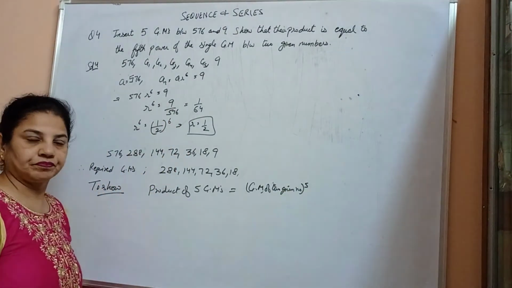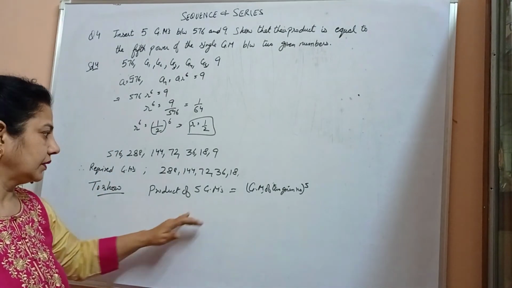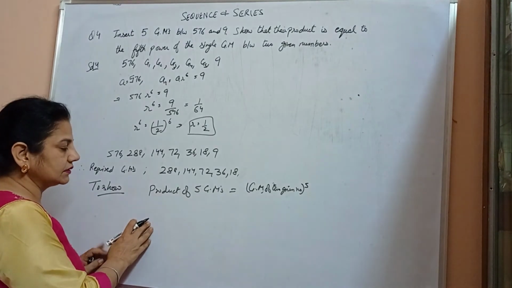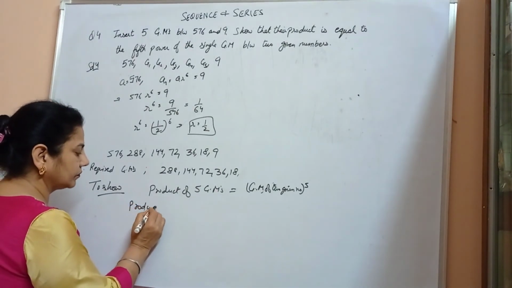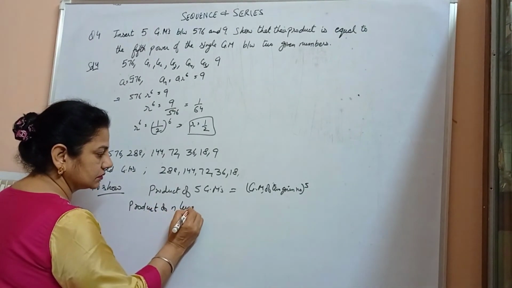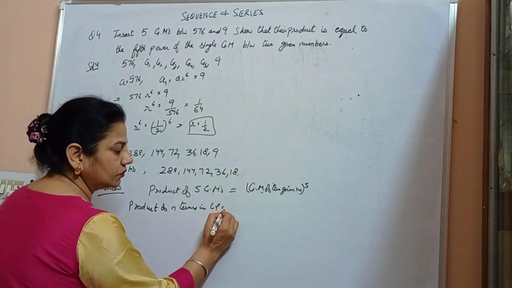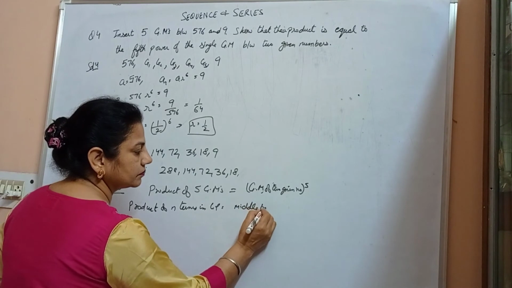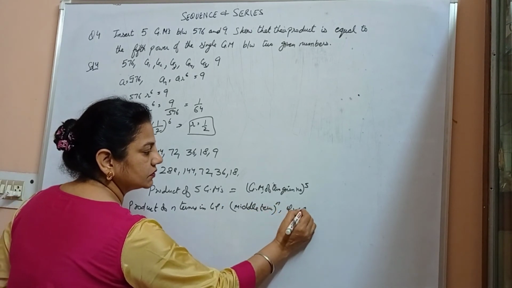Now, the product of 5 geometric means. We know that the product of n terms in GP is equal to the middle term whole to the power n if n is odd.